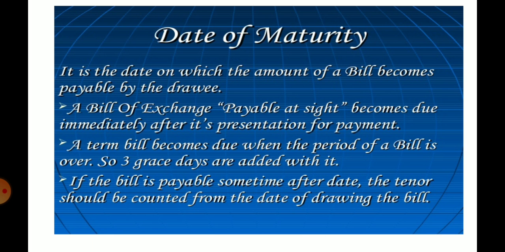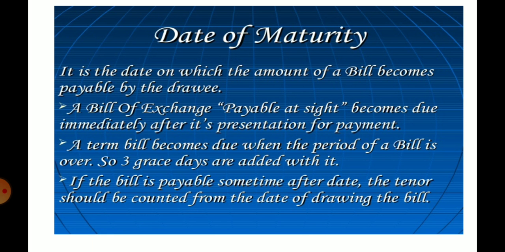For example, if a bill of exchange is dated 1st January and is payable after 2 months, and it is accepted on 15th January, the due date will be 4th March. Why? Because it is accepted on 15th January, and from 15th January to 15th February to 15th March will be included.